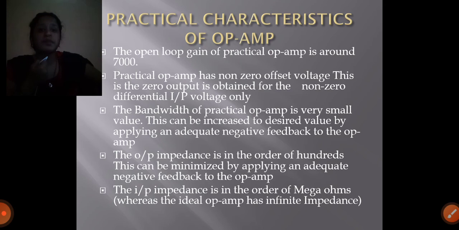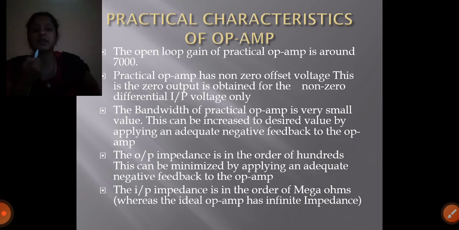The op amp output impedance is in the order of hundreds of ohms. This can be minimized by applying adequate negative feedback to the op amp. One more advantage of negative feedback, that's why I asked you about this, 5 marks they can also ask for that one. With an output impedance of hundreds, obviously the current will be more and the voltage will be more.